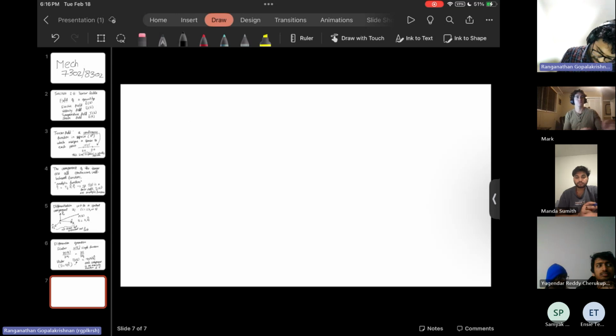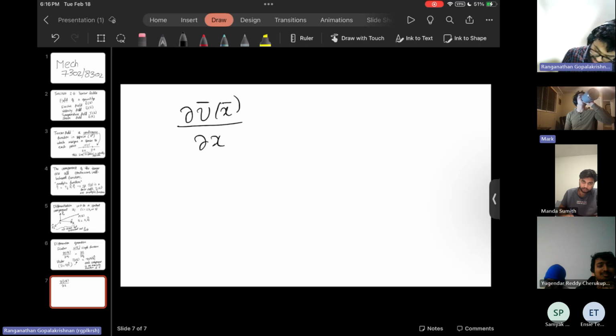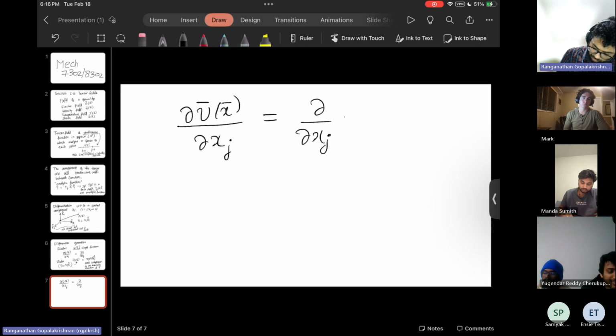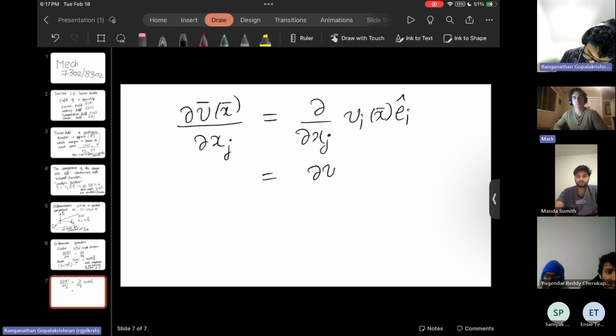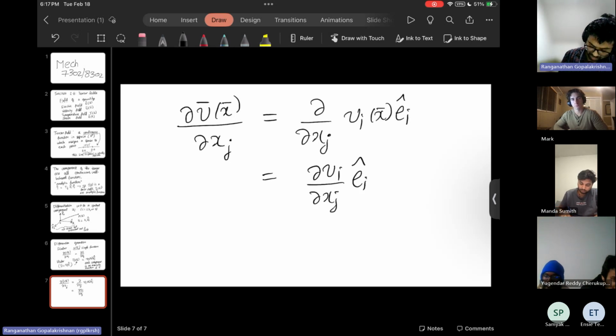And if I want to do the partial derivative of V, which is a function of X, with respect to Xj, that is like writing partial over partial Xj of Vi, which is a function of X, times Ei. So this is nothing but partial Vi over partial Xj times Ei.